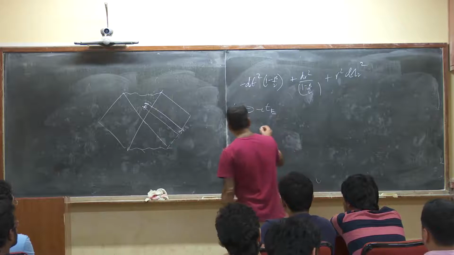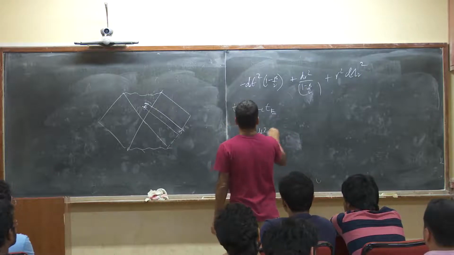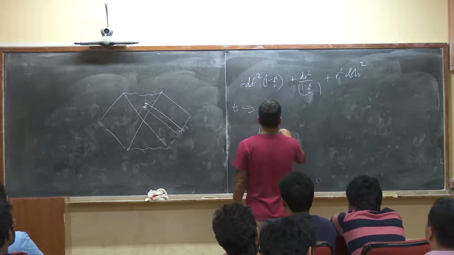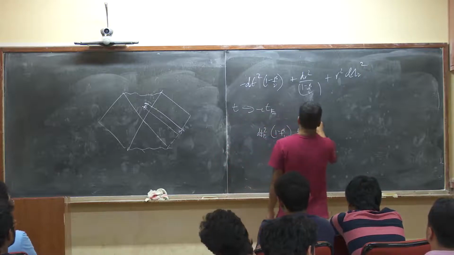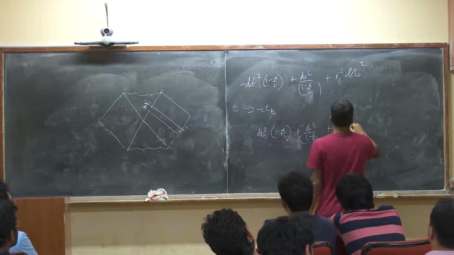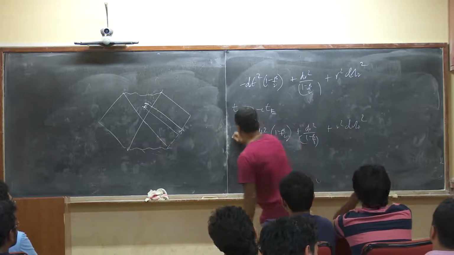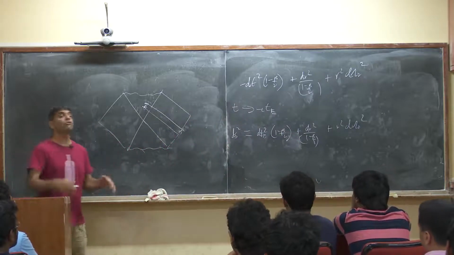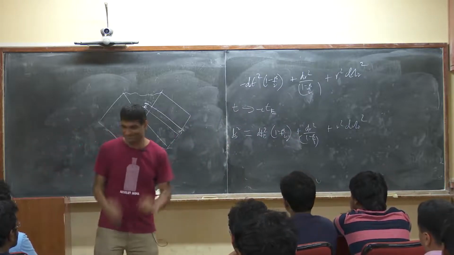I get the manifold dt_E squared times (1 minus beta by r), plus dr squared over (1 minus beta by r), plus r squared d omega squared. This is now a Euclidean, four-dimensional Euclidean manifold. There's no time.